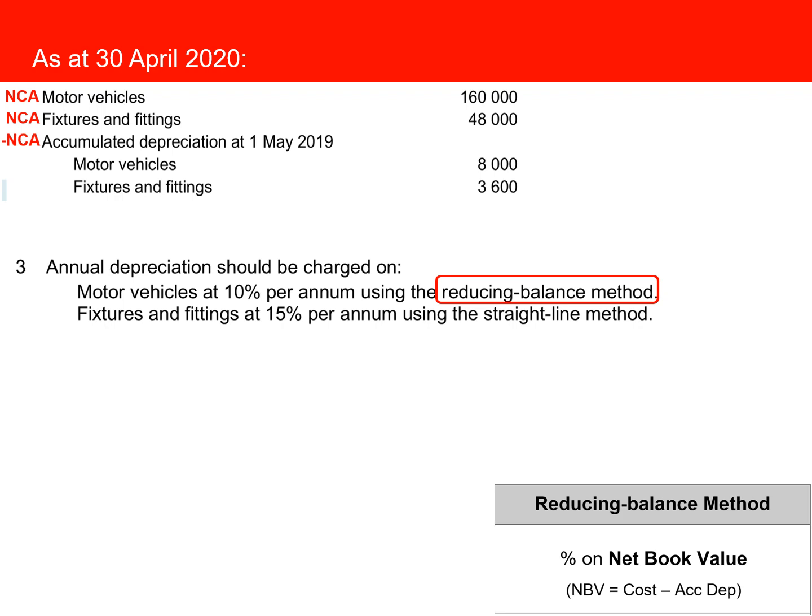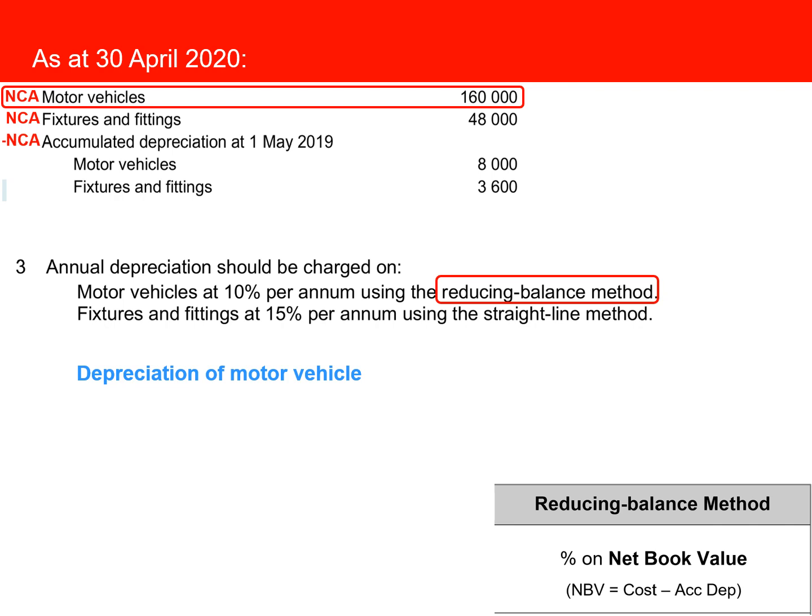You will have to take the percentage times the net book value. How do we even arrive at the net book value? You will have to focus on the cost. Where is the cost of your motor vehicle? It is given as 160,000.